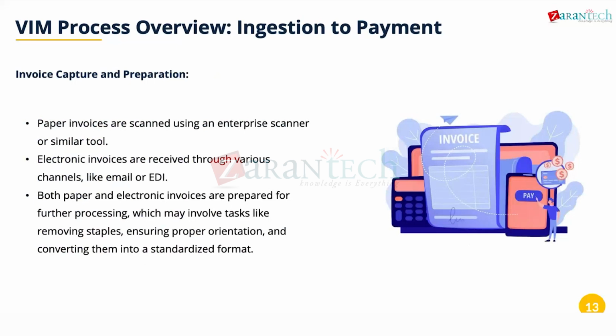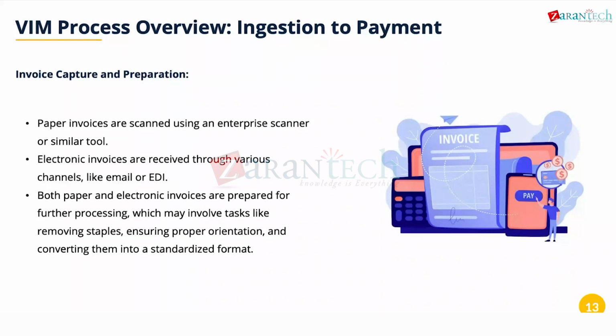So we can talk about it depending on the organization. Okay, so there will be an enterprise scan tool which we will integrate with the print scanner itself. Once it is integrated, you put all the invoices into the scanner, and at the click of a button, you'll be able to review the data and then push the data into the SAP VIM solution.